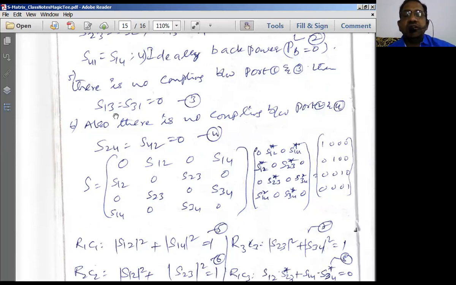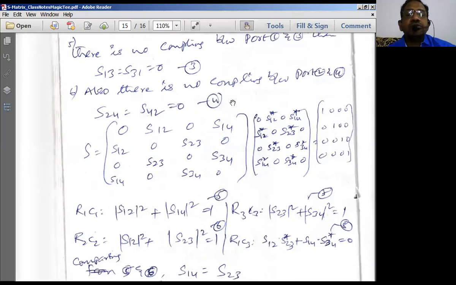So this S is nothing but the ratio of what? The reflected wave power to the incident wave power. So when the reflected is 0, obviously this S matrix parameter is also equal to 0. So also there is no coupling between port 2 and port 4. Therefore, S24, S42 are also going to be equal to 0.